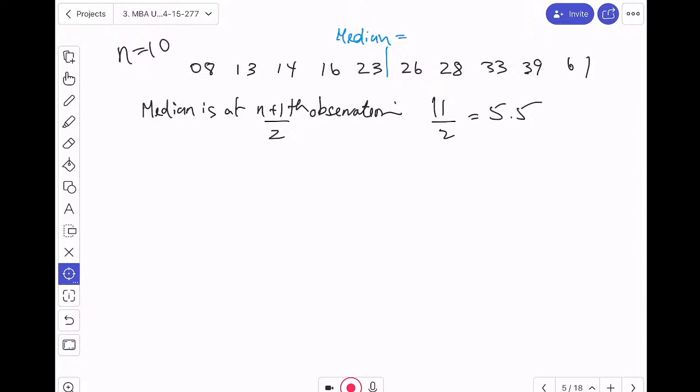It's just the middle observation, but in this case I have to calculate it. It's 24.5.